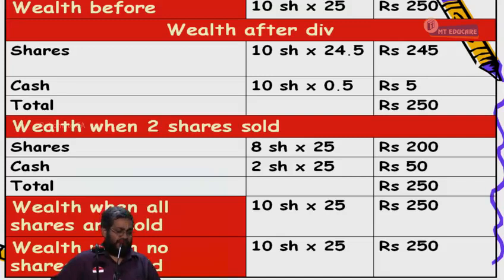First branch is by way of dividends. Second branch by way of share repurchase. Can I proceed or not? Next.